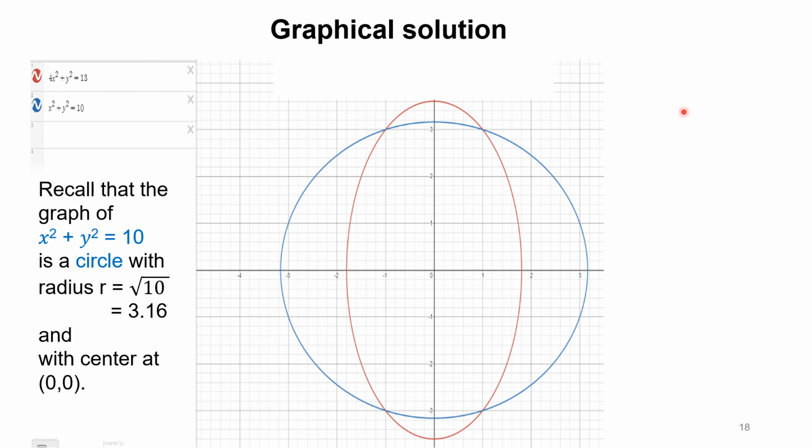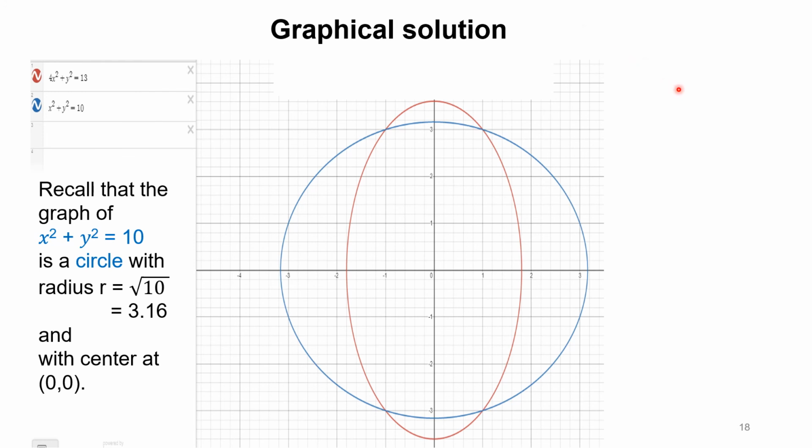So for this ellipse, which is the graph of 4x squared plus y squared is equal to 13, this is an ellipse with center at 0, 0.